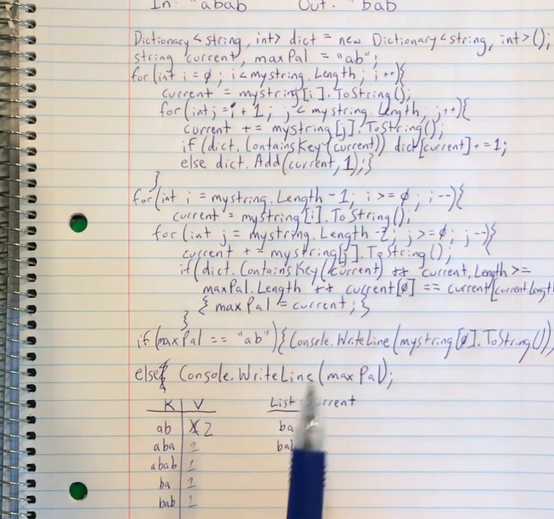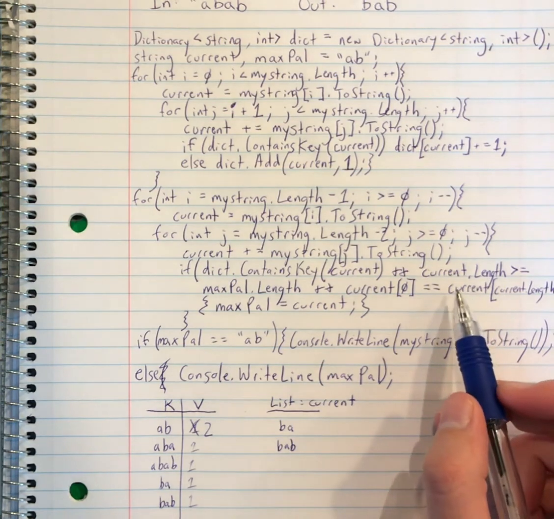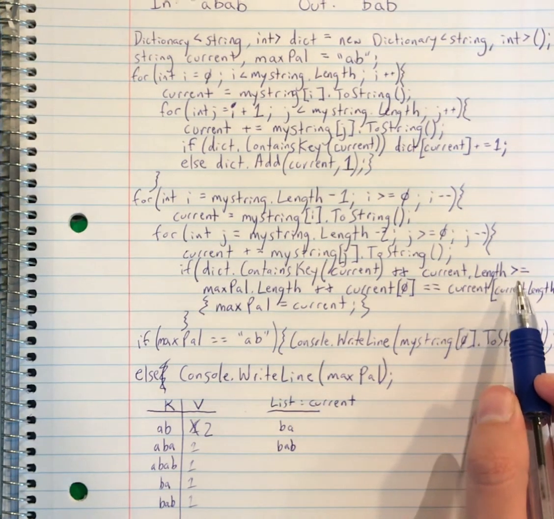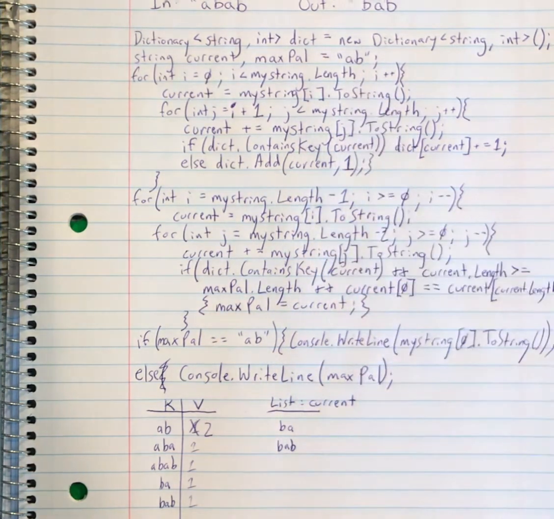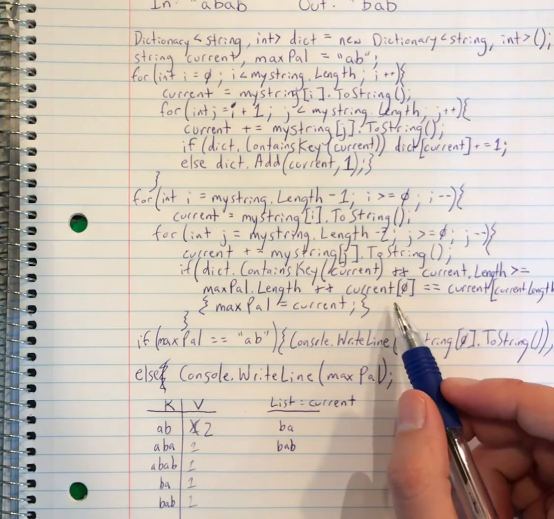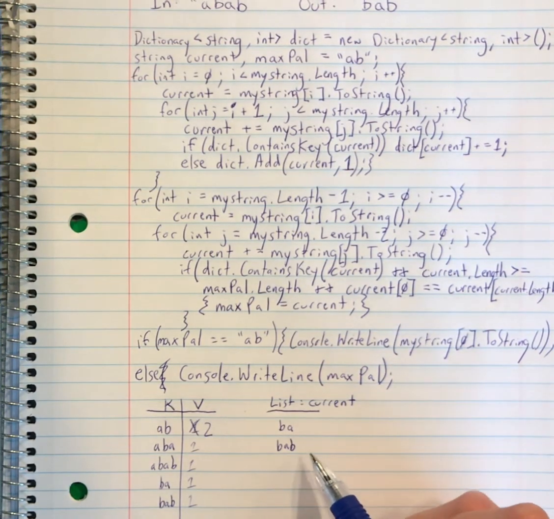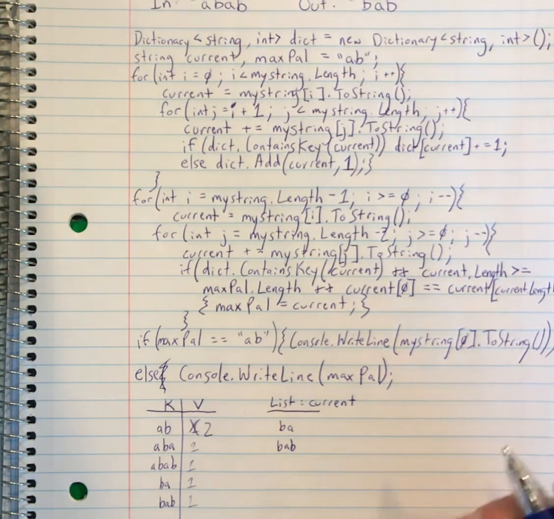Well, that was fast. So let's see. Dict does contain the key of current, BAB. Current length is greater than or equal to maxPal length. True. Right now maxPal length is 2. Current length is 3. And the first element of current matches the last element of current. Great.